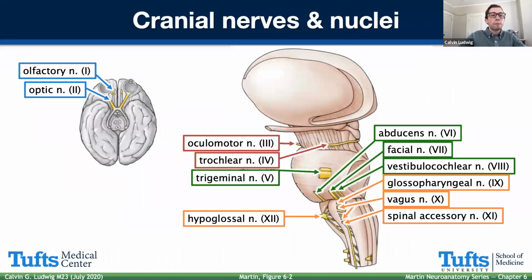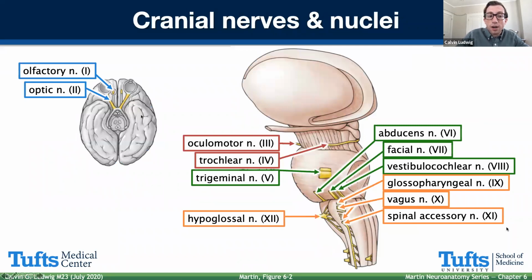nerves and nuclei. So to start, here is Martin's diagram of the 12 cranial nerves: the olfactory, optic, oculomotor, trochlear, trigeminal, abducens, facial, vestibulocochlear, glossopharyngeal, vagus, spinal accessory, and hypoglossal.